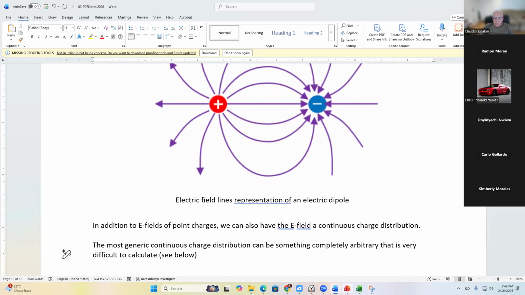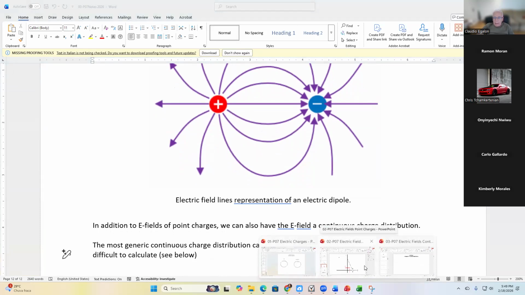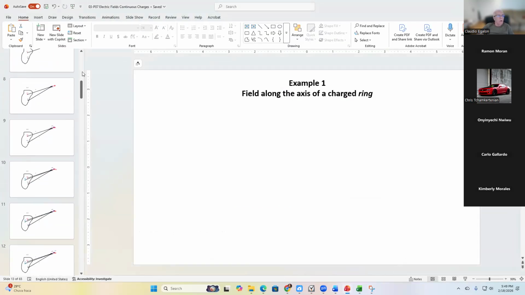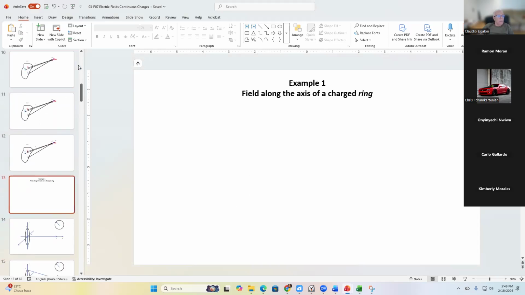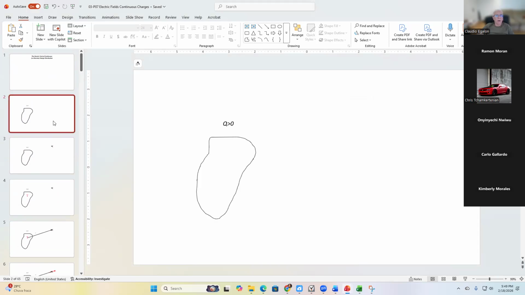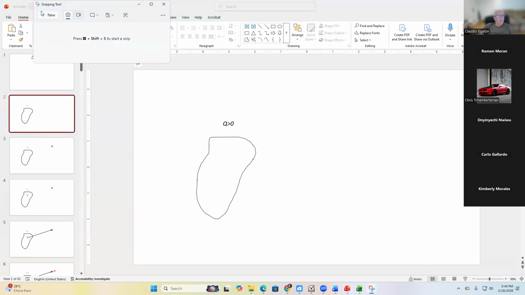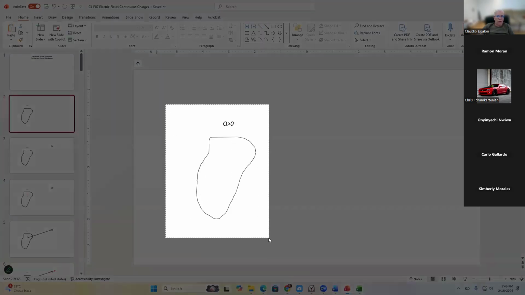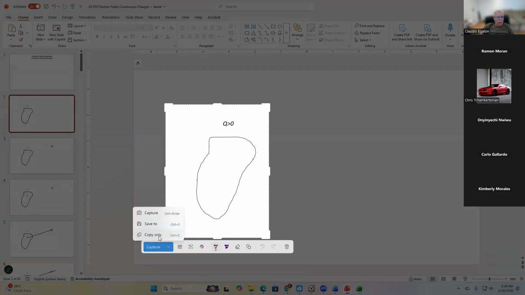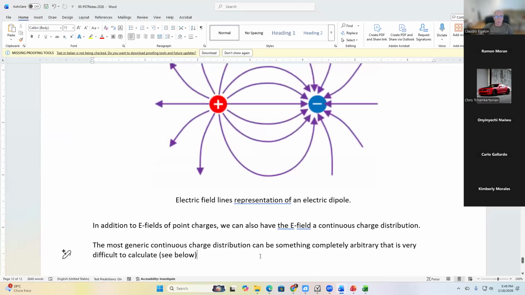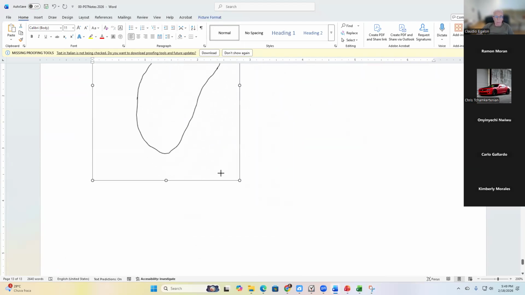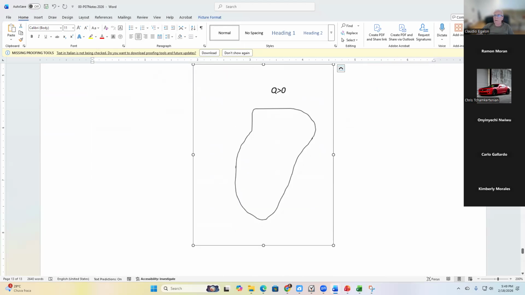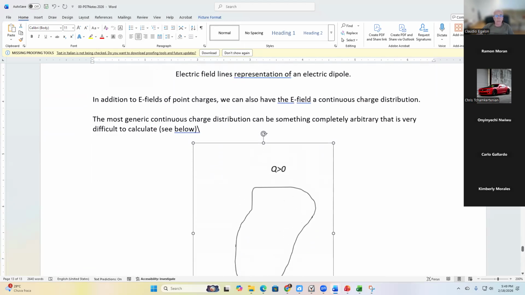I'm going to copy this one right here. That's a very difficult problem to solve for the electric field, right? Copy. Here you go, see below. So we are not going to concentrate on that. We are going to concentrate on some other geometries that are easier to deal with.